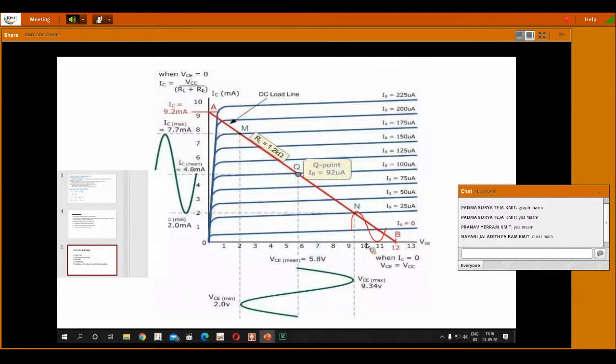If I don't have any current at the collector terminal, then the collector to emitter voltage drop is also 0. So a distorted output will be obtained at the output if my operating point is there.